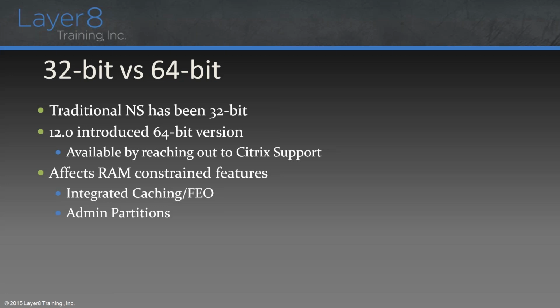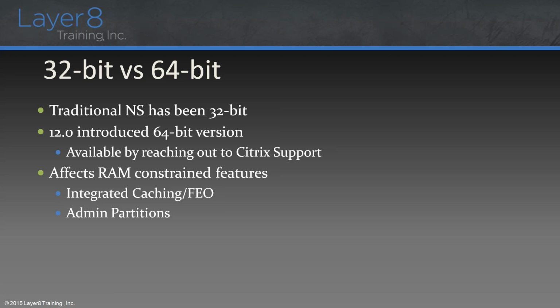What this change is about is RAM. With a 32-bit OS, we are limited in terms of how much RAM we can address. And as there are certain features on the NetScaler that are driven by RAM, we do run into some problems where that can be a bit of a constraint. So jumping over to the 64-bit version gives us some big improvements there.